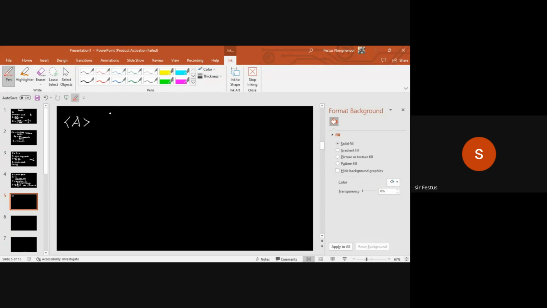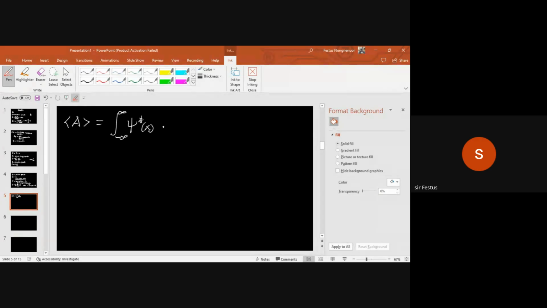We let the expectation value of A be equal to the integral from negative infinity to infinity, and then you write your function in the conjugate form. So let's use a wave function, which is a function of x.